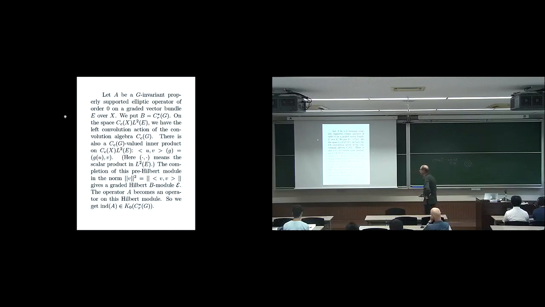So this is a very important part of the whole story, because out of any elliptic operator which is G-invariant and has good properties on the manifold which is not compact, you make an operator on the Hilbert module, and so the operator becomes elliptic and gives an index, an element of the C star algebra K-theory.